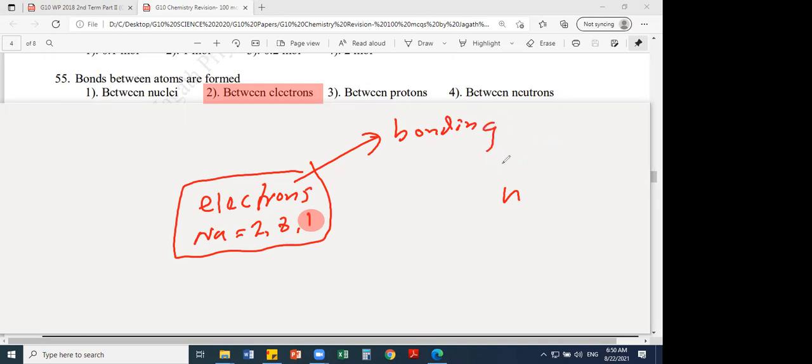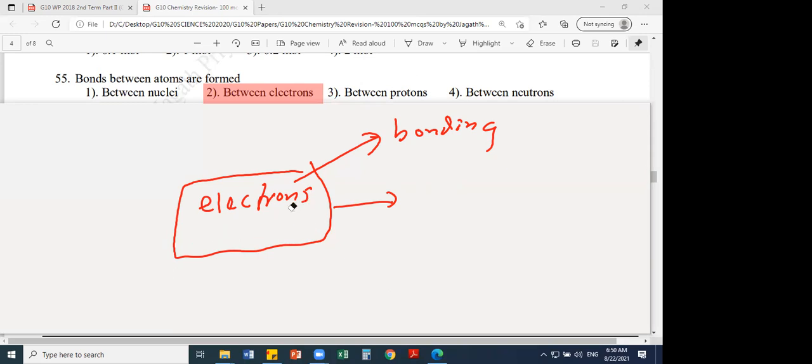You can copy down this additional information. Electrons are involved in chemical bonding. Electrons are involved in chemical reactions. Chemical reactions, not nuclear reactions. In nuclear reactions, all three, the protons and neutrons are also involved.